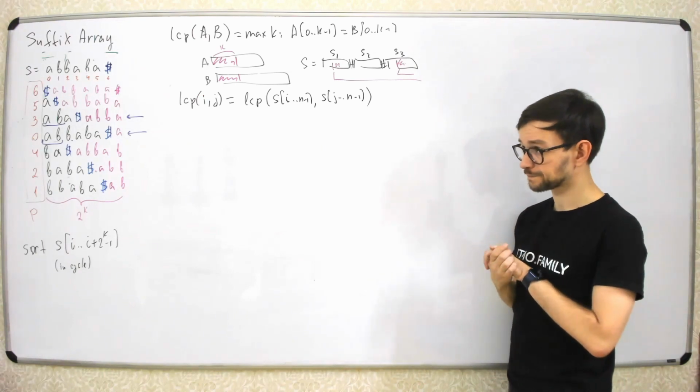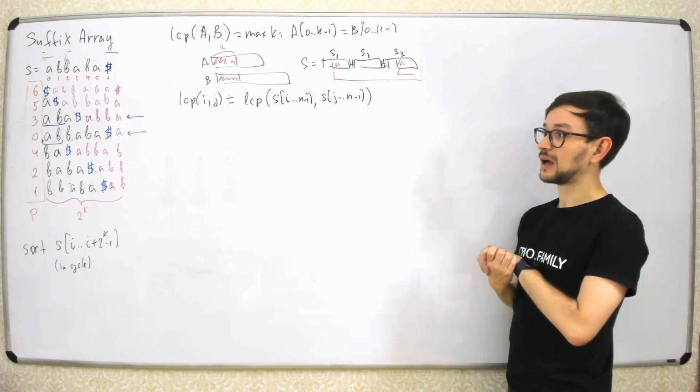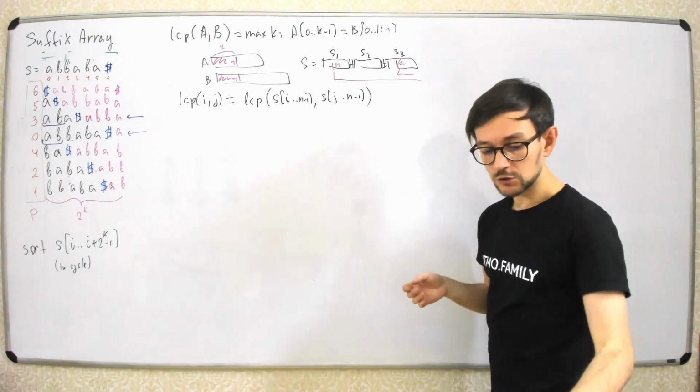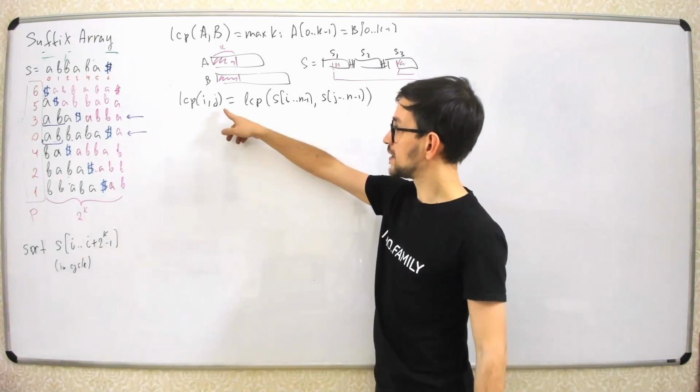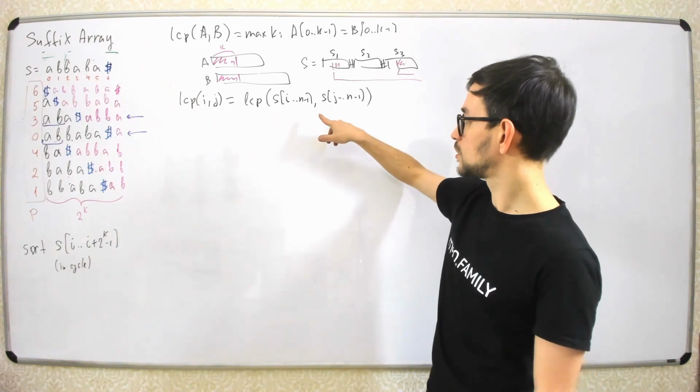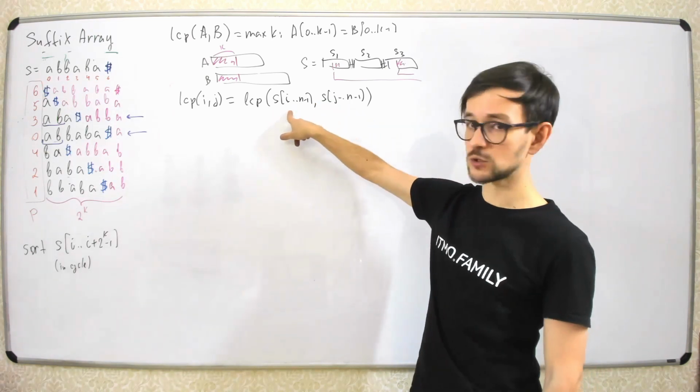Now, let's go. How to solve this problem? To solve this problem, let's find these two suffixes in the suffix array. We know the indices of these two suffixes.